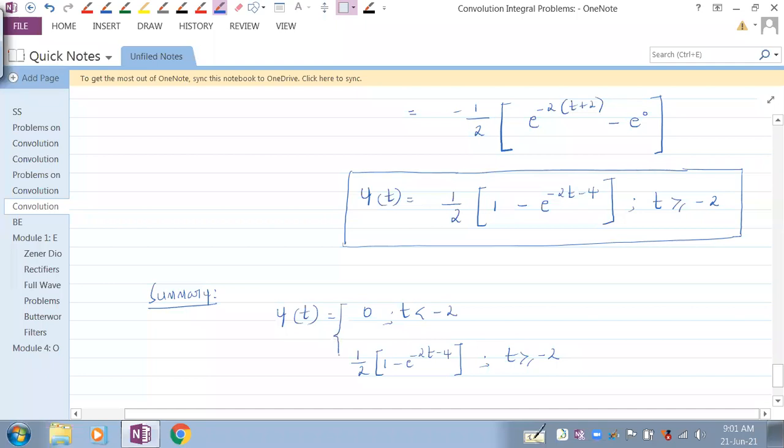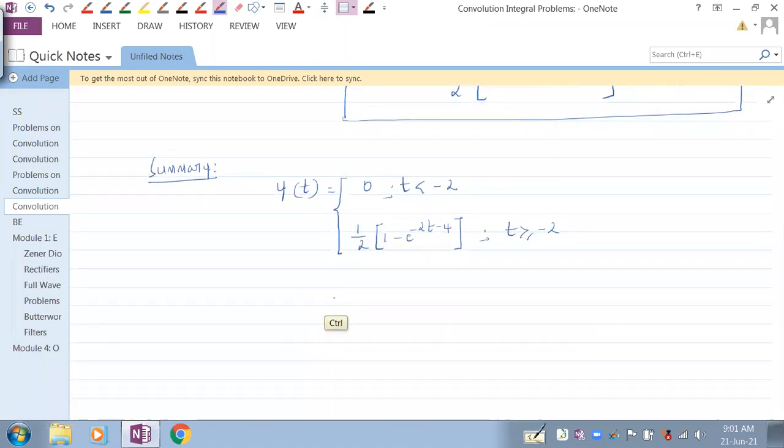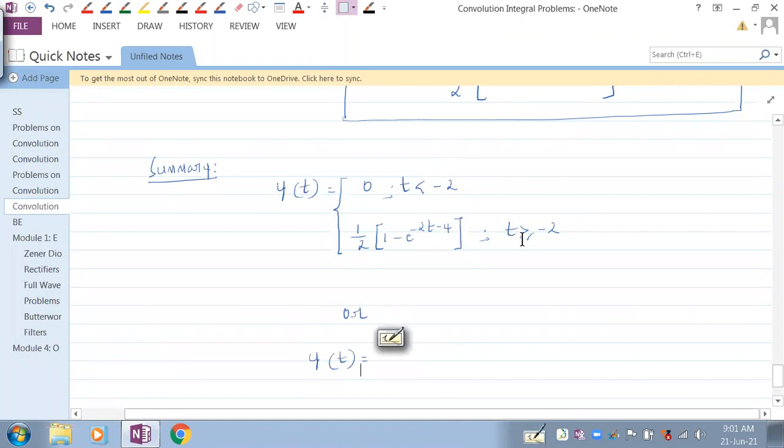So this is y of t. Or it can even be written as y of t equal to, what is the range now? For t less than minus 2 it is 0, and for t greater than or equal to minus 2 it is this.